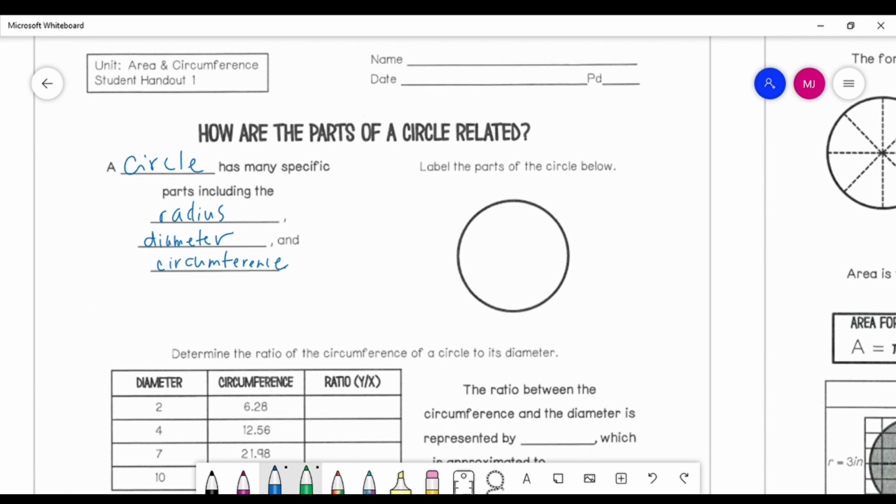So a radius is halfway across a circle. The diameter is all the way across the center of the circle.